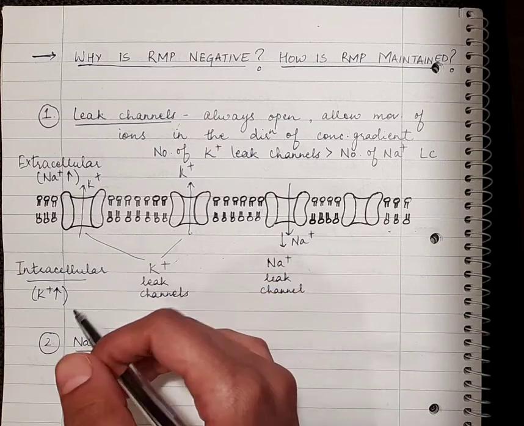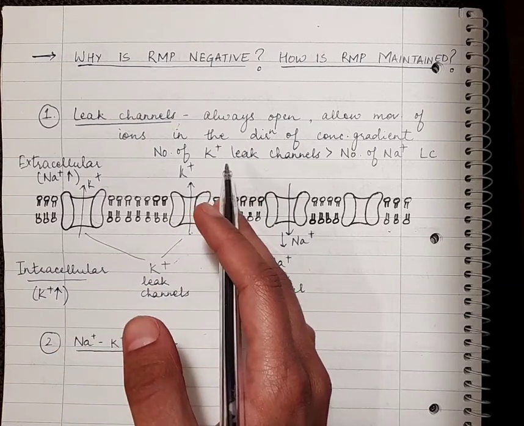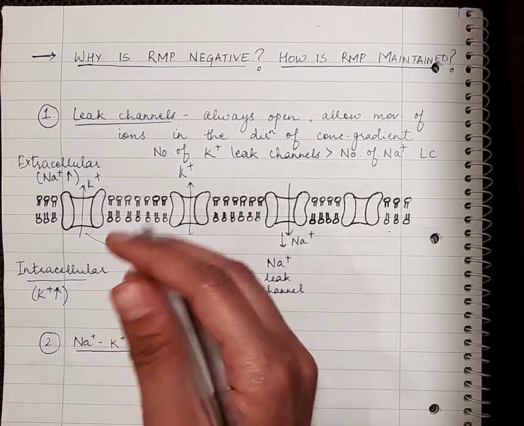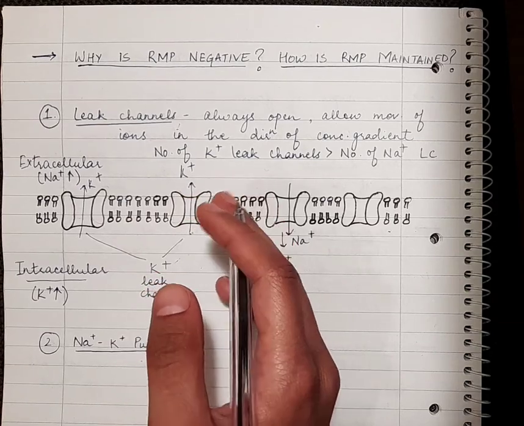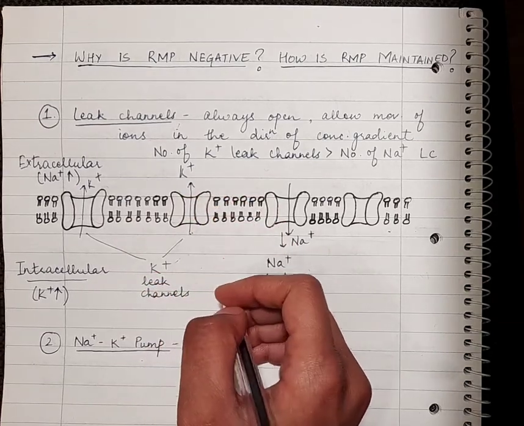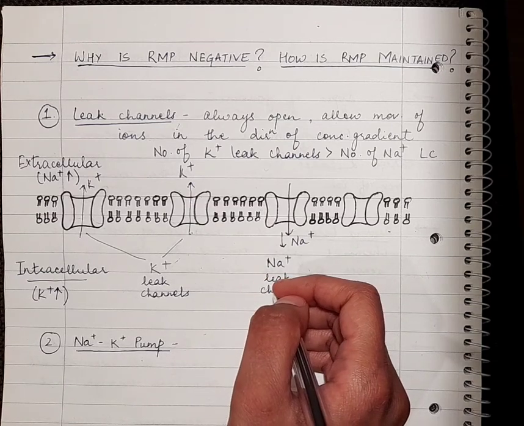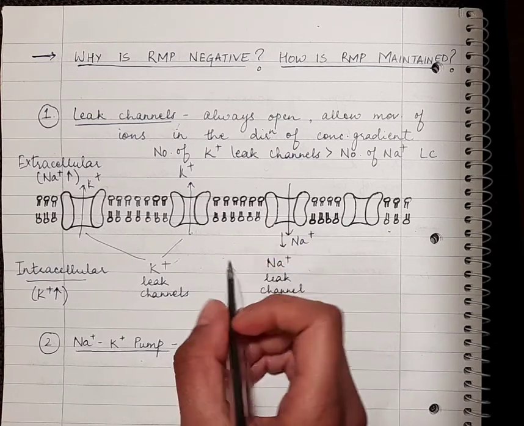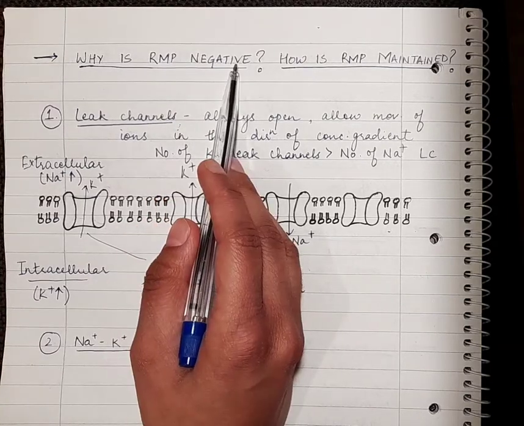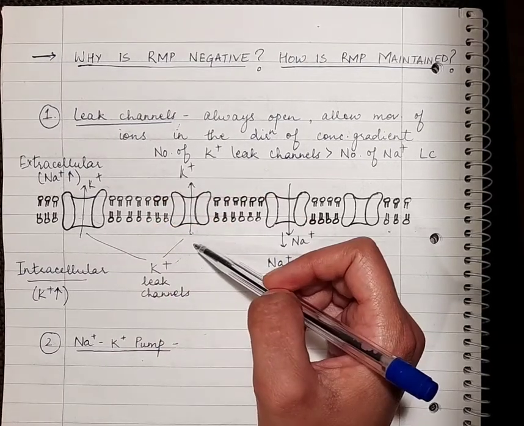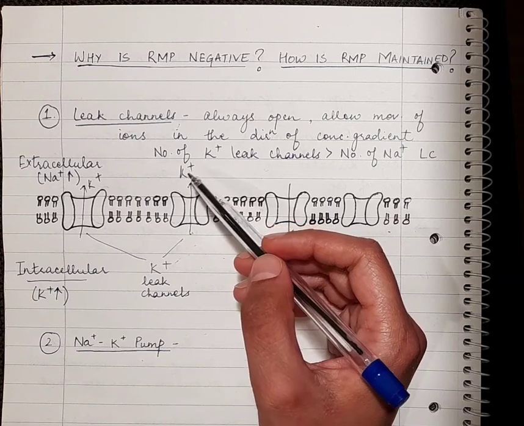So there is more discharge of the positive ions, right? Now because more positive ions are going out, the inside will become negative, and that is why the RMP is negative. So this is one of the reasons why the resting membrane potential is negative, because more positive ions are going out.